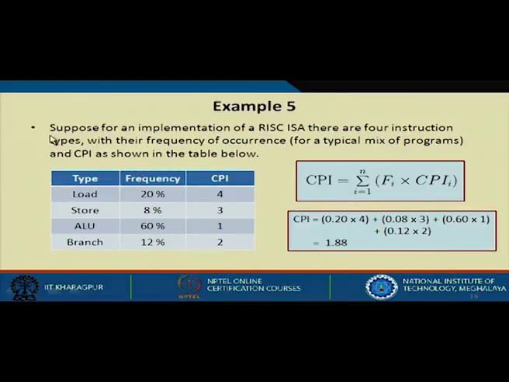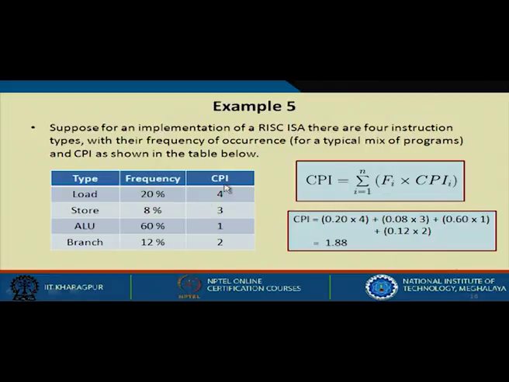Now, let us take another example where suppose for an implementation of a RISC ISA, there are 4 instruction types with their frequency of occurrence for a typical mix of programs, and CPI as shown in the table below. So, this is the frequency at which load instruction is executed. This is the frequency at which store instruction is executed, and this is the frequency for ALU and branch.